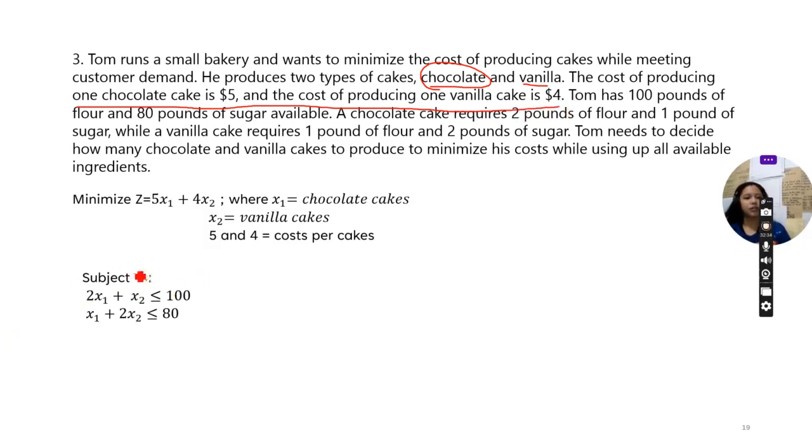And this is subject to 2x1 plus x2 less than or equal to 100, because there are 100 pounds of flour. Here, chocolate requires 2 pounds of flour, vanilla 1 pound. So, x1 plus 2x2 less than or equal to 80.